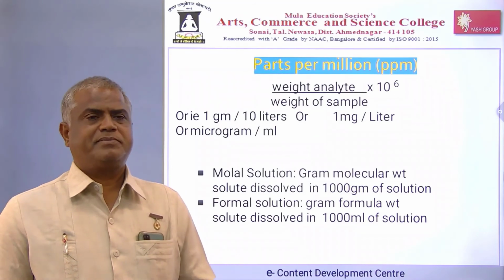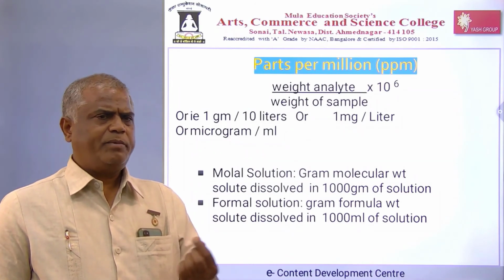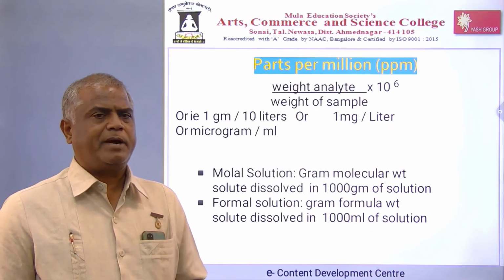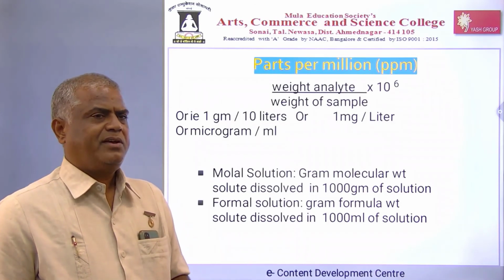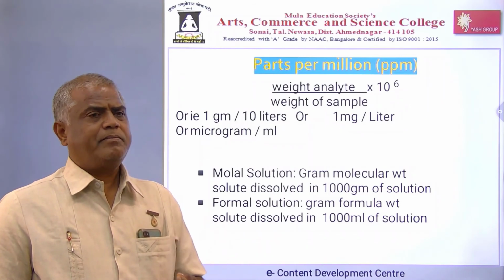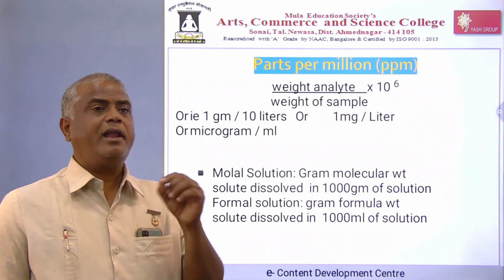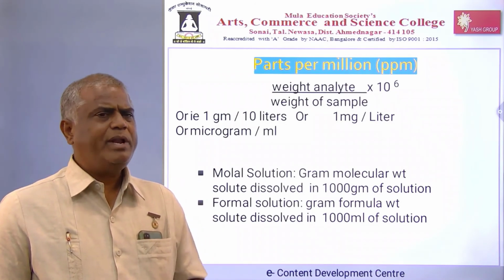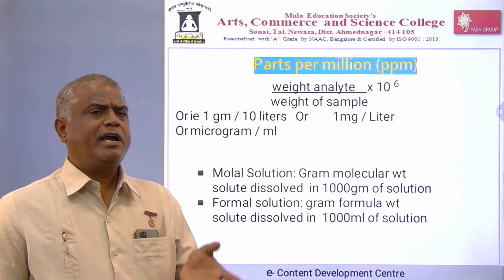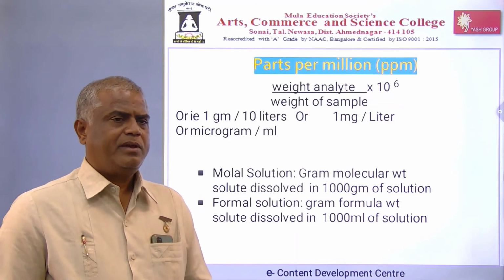It is found by the formula: weight of analyte divided by weight of sample multiplied by 10 raised to 6. That means 1 gram of solute per 10 raised to 6 milliliters of solution, or 1 milligram per liter, which is also called 1 ppm, or microgram per ml, also called 1 ppm.